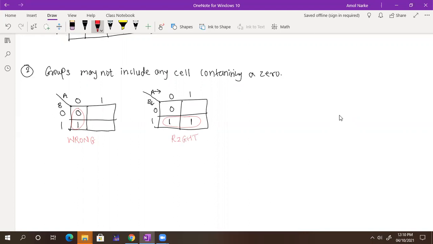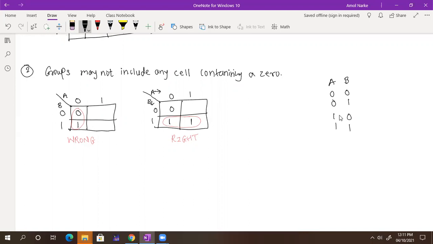Can you explain both again? Very simple. Suppose I have my grouping right now. I have two variables A and B, and 4 outcomes are possible. Start with 0 0 1 1, then 0 1 0 1.